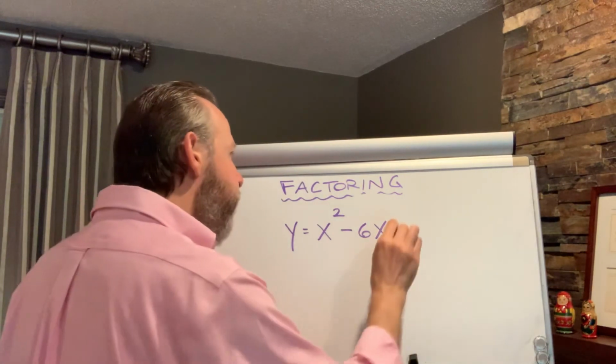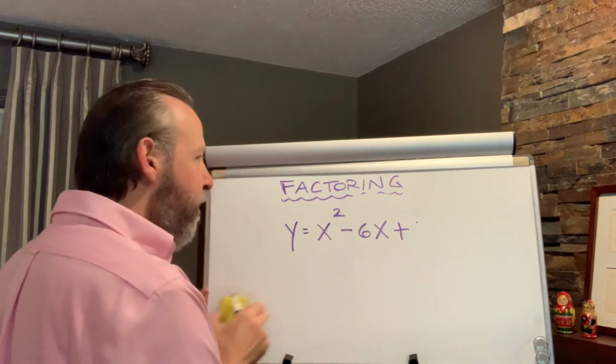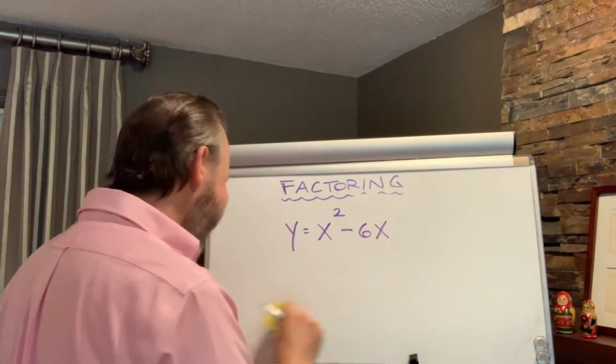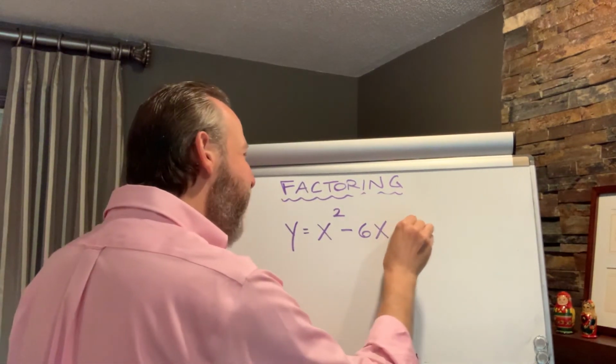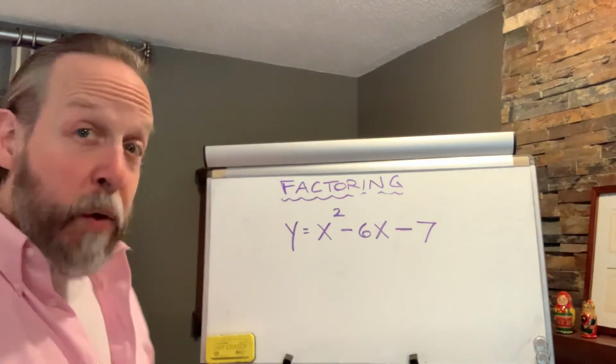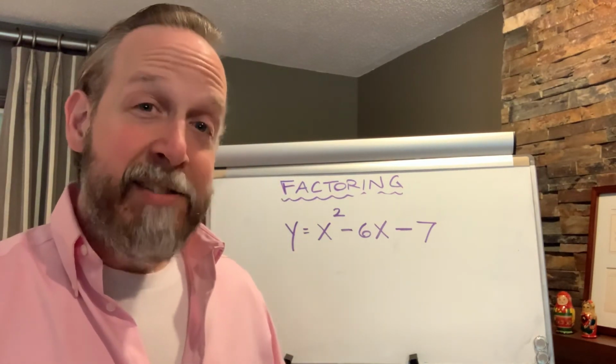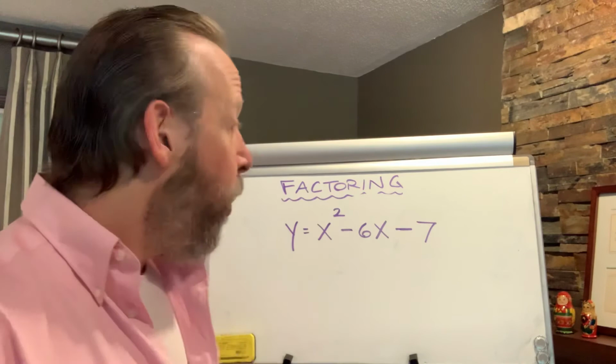Plus. And by plus, I mean minus, because I want it to be negative. Minus 7. So I want you to factor this quadratic equation and solve for what the x-intercepts would be.